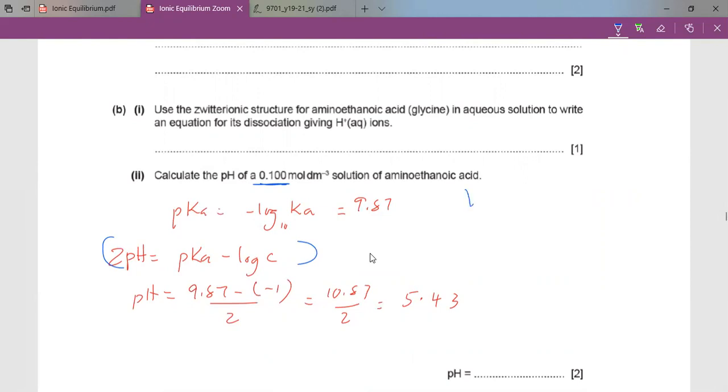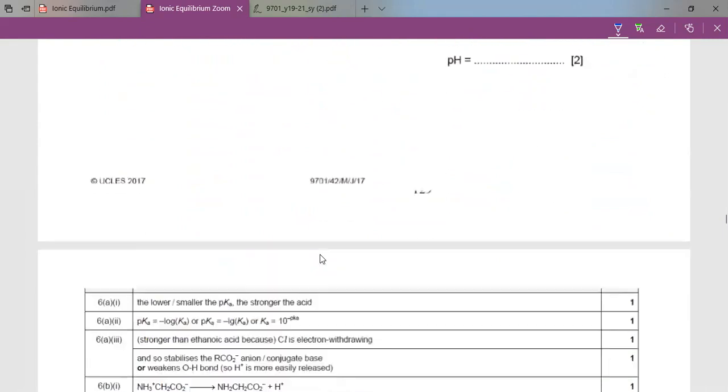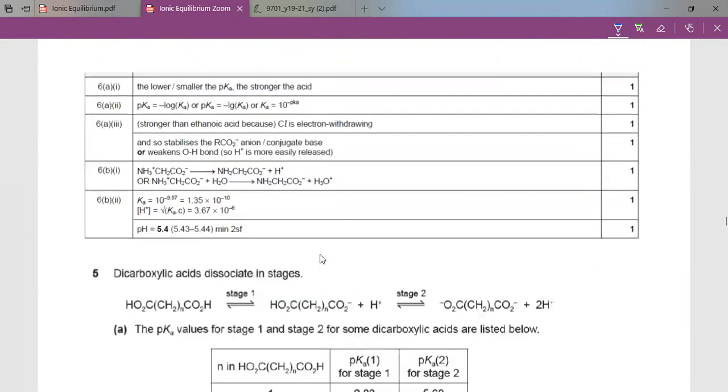You want to be stubborn? pKa is equal to minus log base 10 of Ka, and then you find your H+ is equal to root Ka C, and the rest is easy. You see here, this is what they did.